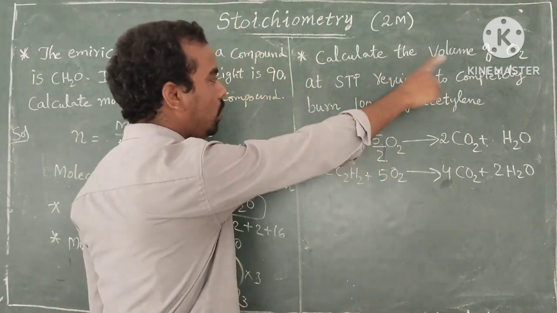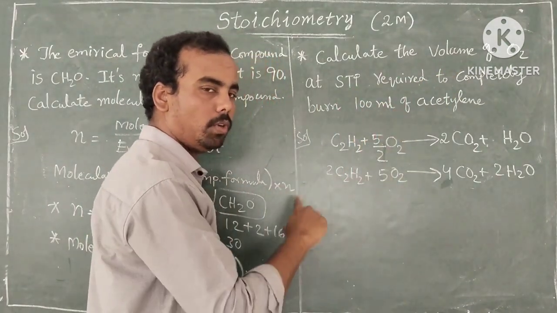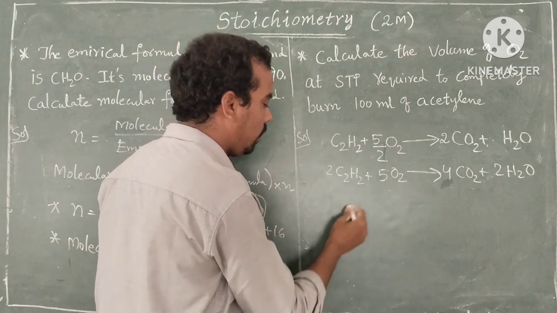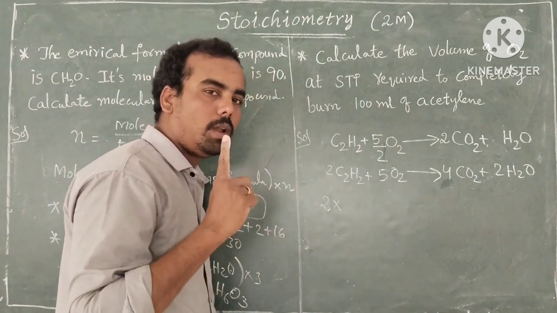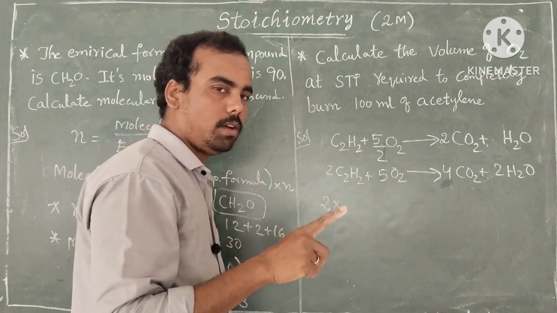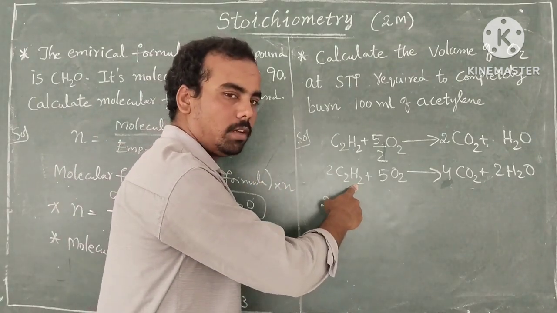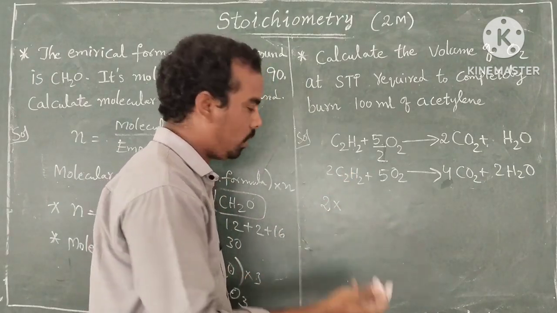The question is the volume of O2 required to completely burn 100 ml of acetylene. Both are in volumes: oxygen and acetylene. Acetylene is 2 moles, that means 2 into 22,400 ml, since 1 mole of any gas occupies 22.4 liters volume, that means 22,400 milliliters.